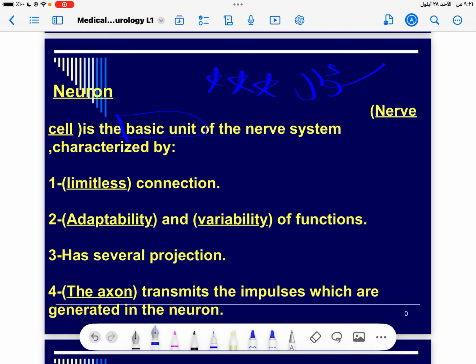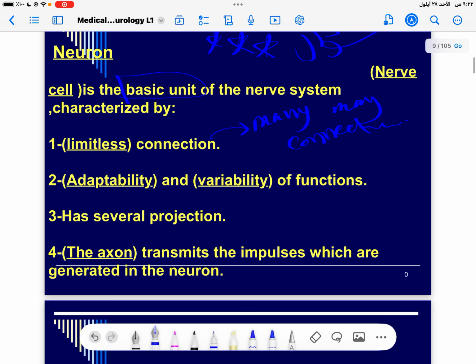Number one characteristic, it has unlimited connections, limitless connections. It has many, many connections. And number two, these neurons are characterized by what we call adaptability, they can adapt themselves, and variability, they can be variable in their function.